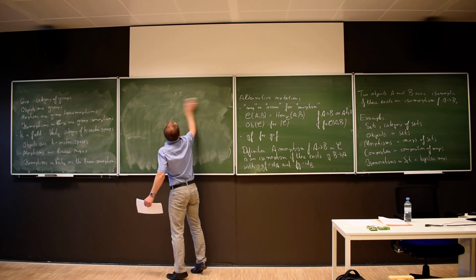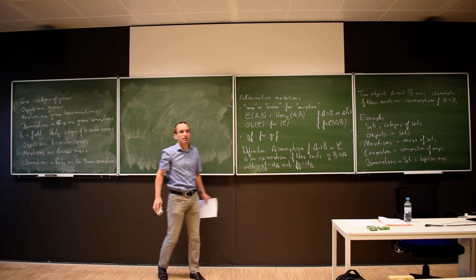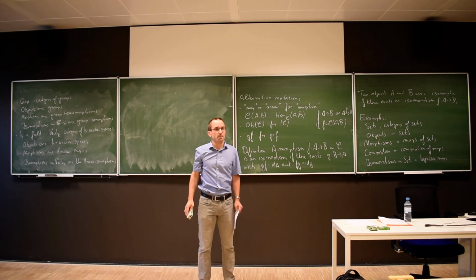Can I ask a question? Yes. So if you have a category and an object, you can also consider isomorphisms to itself, right? Isomorphisms from an object A to A, and I think that gives you a group. Is that true? Yes, this is of course correct.